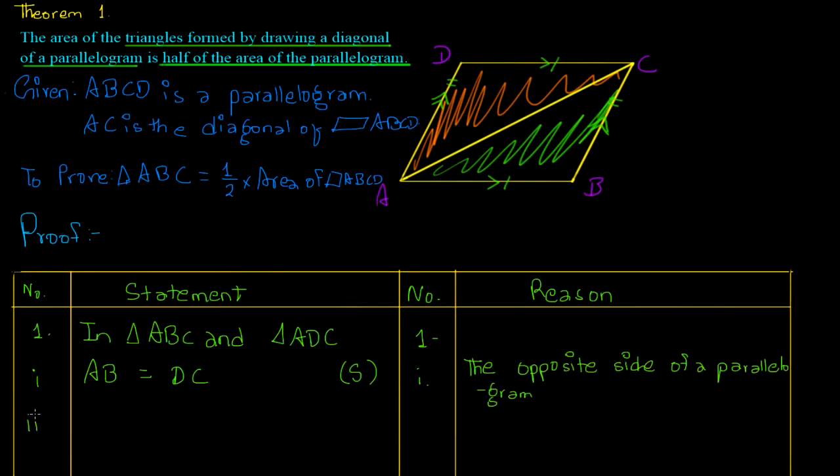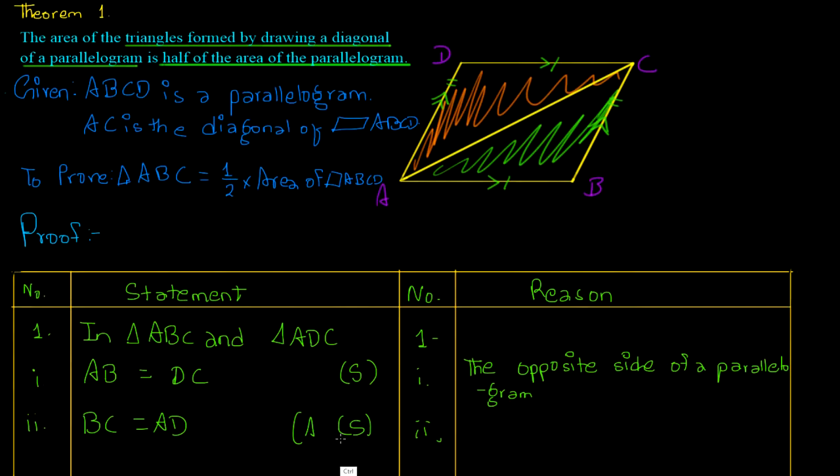Okay, so in number 2, we have the side BC equal to the side AD because they are the opposite sides of a parallelogram. So let's write that BC is equal to AD, and this is of course a side. If this were an angle, then we would write angle here, but for now it's side.